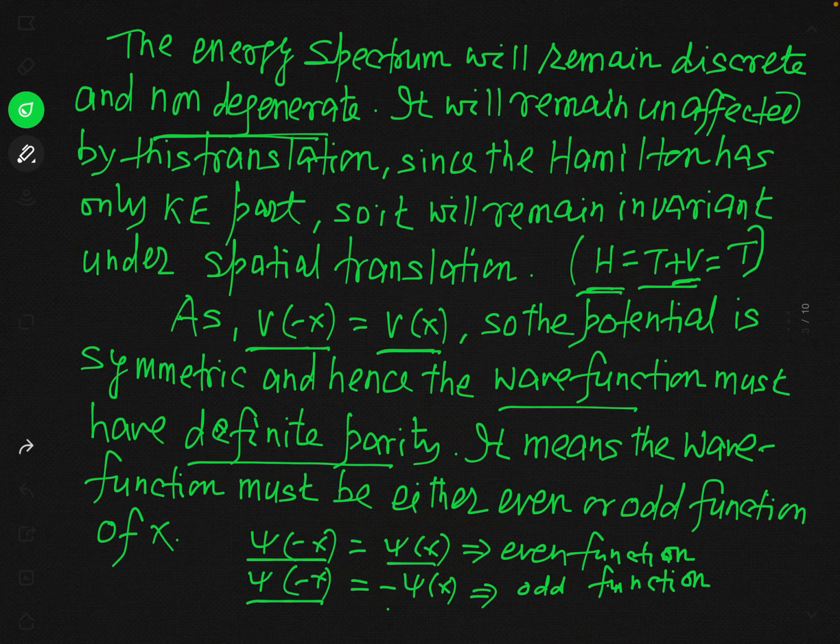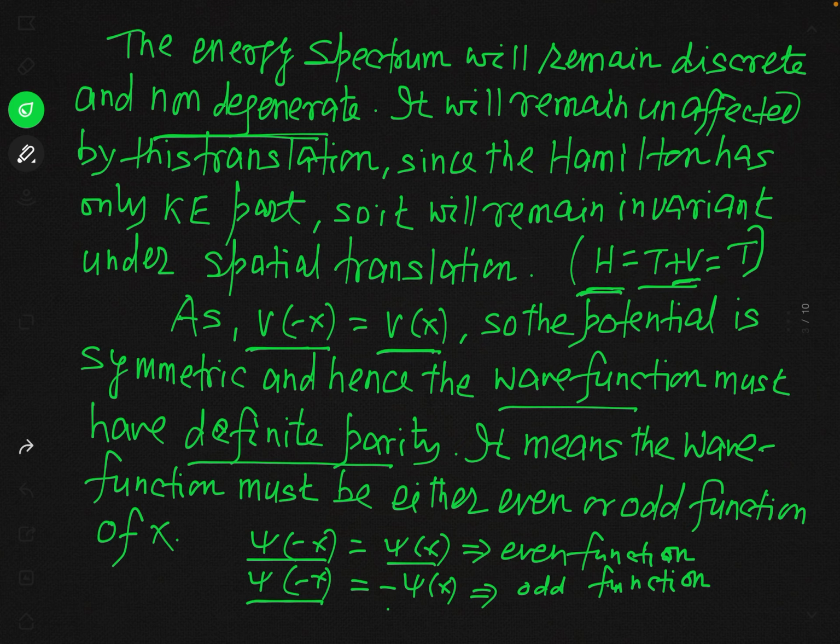And if the Hamiltonian remains invariant, then the energy spectrum in this case will be the same as in the case of the asymmetric potential well. You have seen that in the asymmetric potential well, the energy spectrum was discrete and non-degenerate. So even in this case, the energy spectrum will be discrete and non-degenerate too.